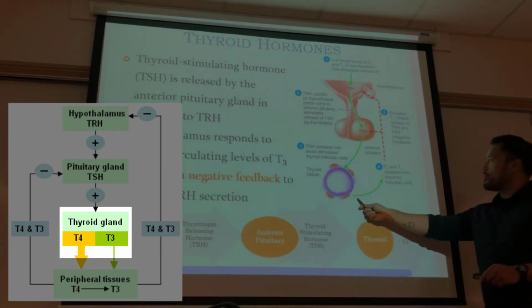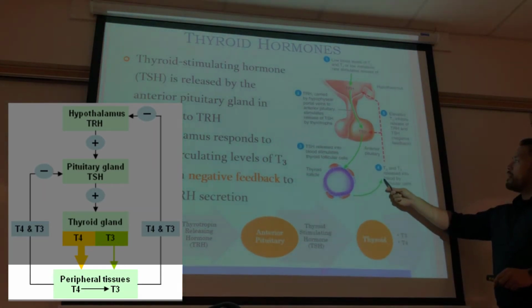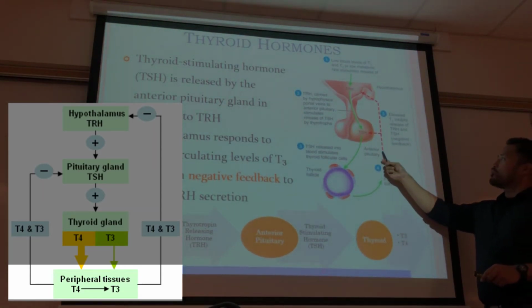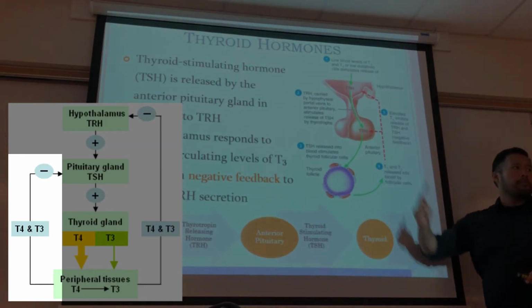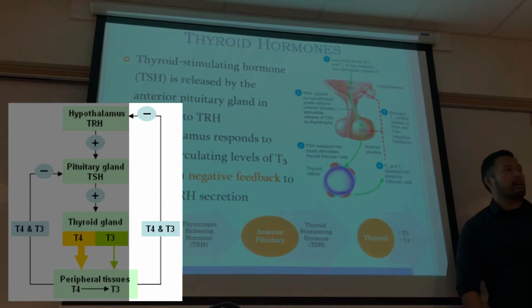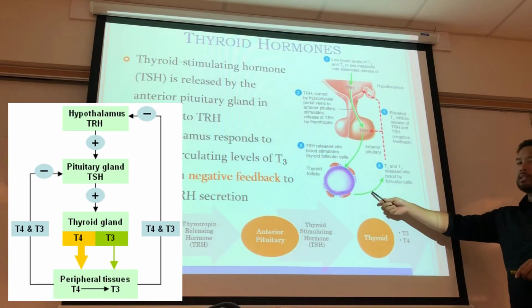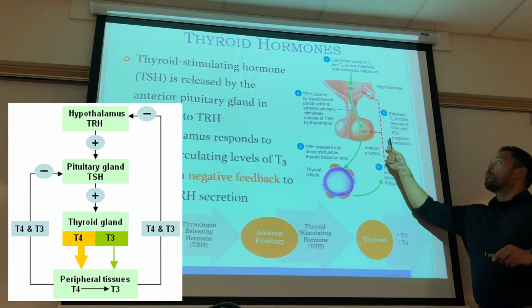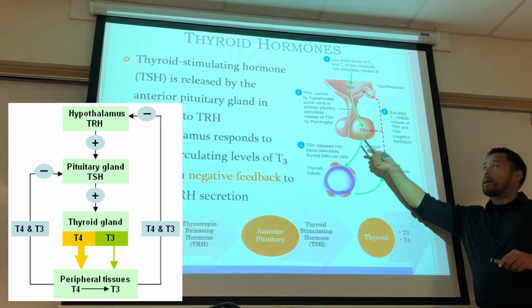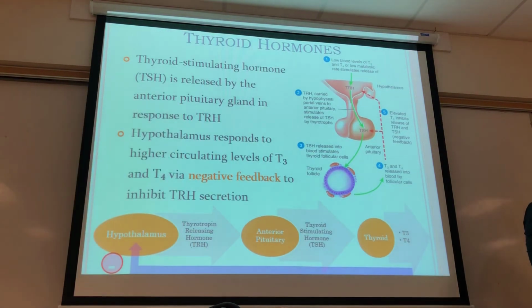That T3, T4 then makes its way out to the circulatory system and back, where it can turn off the production of thyroid stimulating hormone and turn off production of thyrotropin releasing hormone. So the production of T3, T4 in the efferent pathway will turn off the production. By turning it off, we limit the amount of T3 and T4 that's made in the first place.